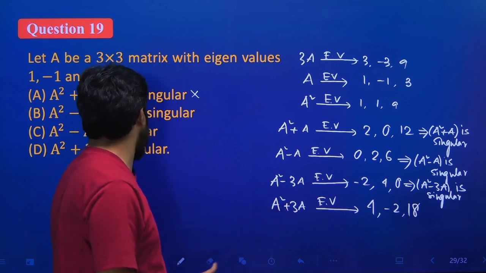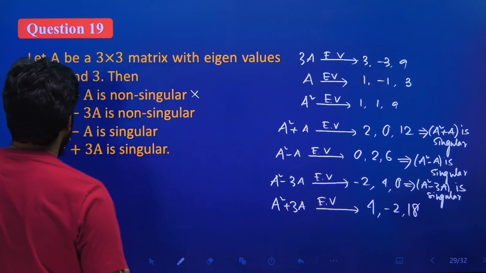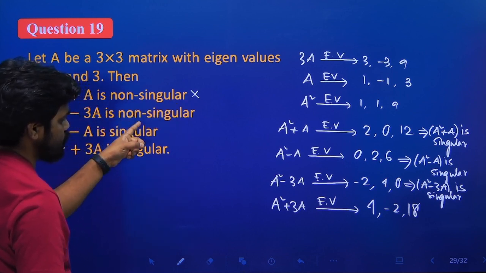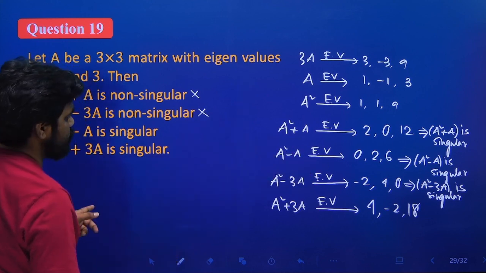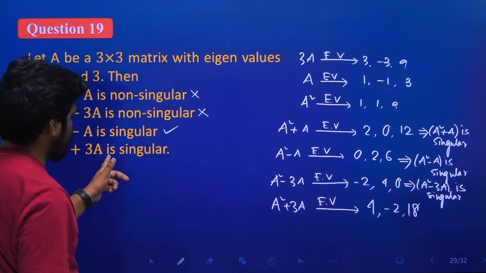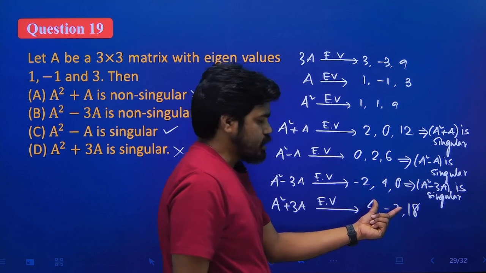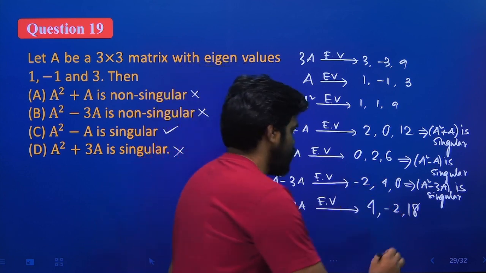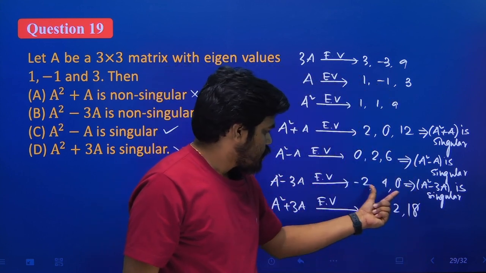So A square plus 3A, so what is given? A square minus 3A is non-singular, that is not true. A square minus 3A is singular. A square minus A is singular, this is true. A square plus A is singular, that is false, because we get the equation 0 is not an eigenvalue, so this must be non-singular, right? যদি 0 eigenvalue হয় তাহলে singular হবে, ঠিক?